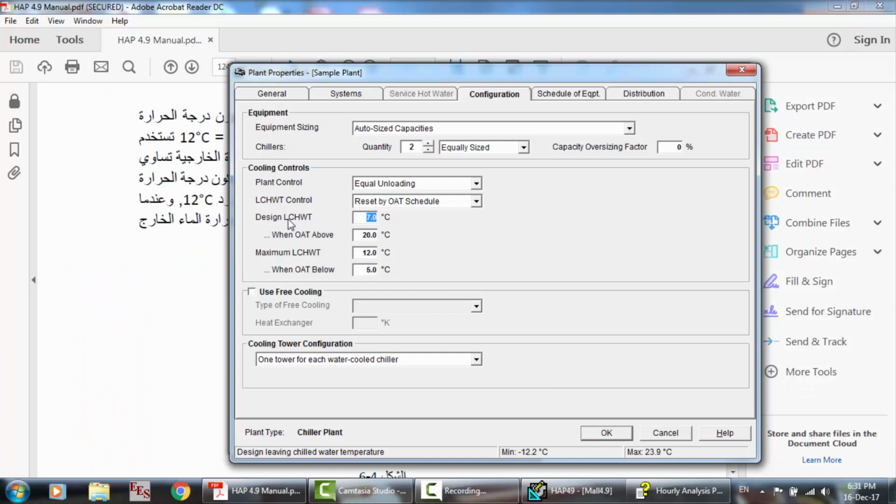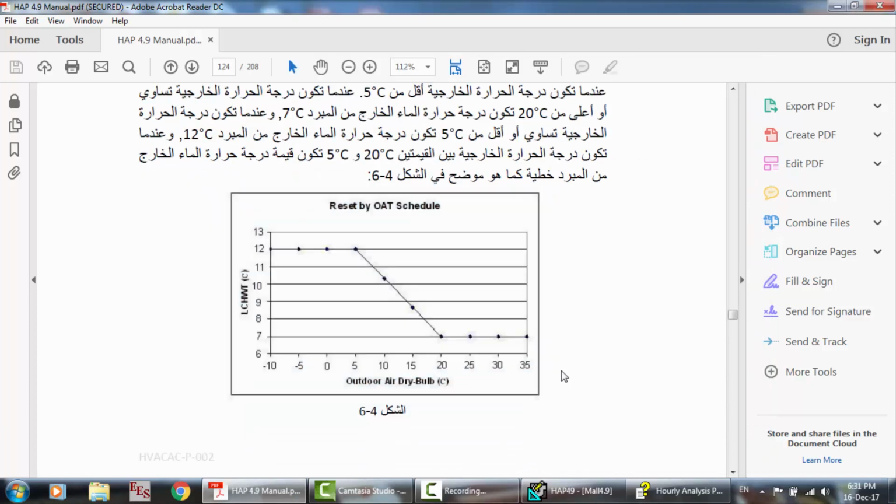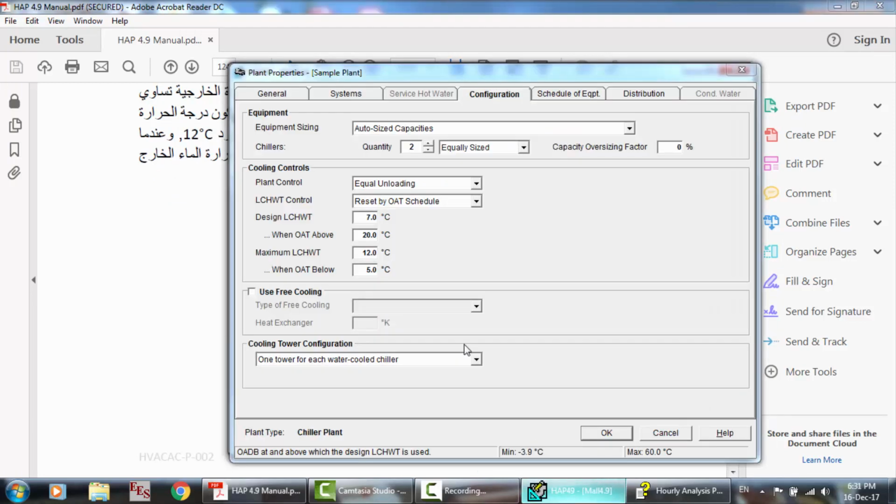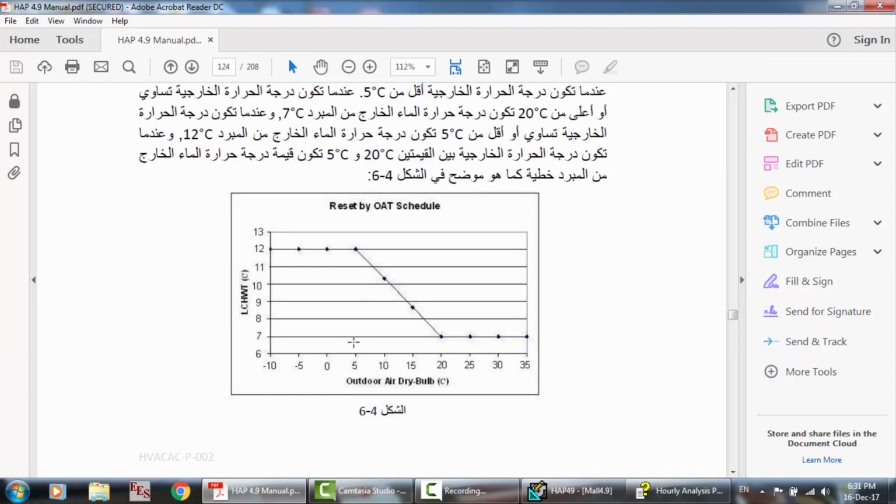Another example, so design LCHWT is 7 when OAT is above 20. Above 20 it will be 7 Celsius. So maximum LCHWT will be 12 when OAT is below 5. Below 5 it will be 12.